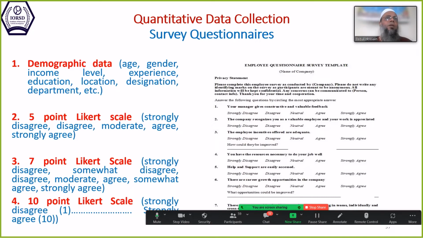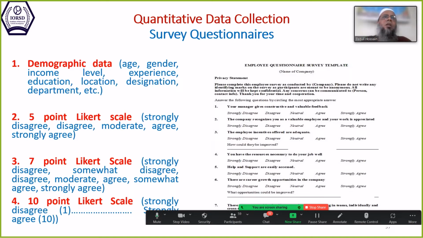One thing, actually, I attended a PhD proposal defense in the education faculty at UPM. I saw one candidate who prepared her questionnaire using a 5-point Likert scale, 7-point Likert scale, and 10-point Likert scale within the same questionnaire. I suggested she use uniformity.